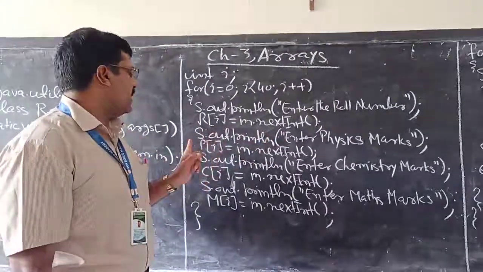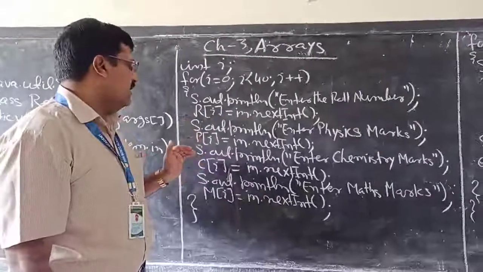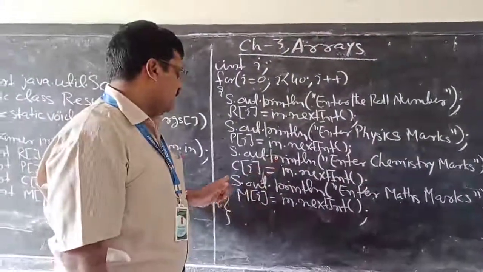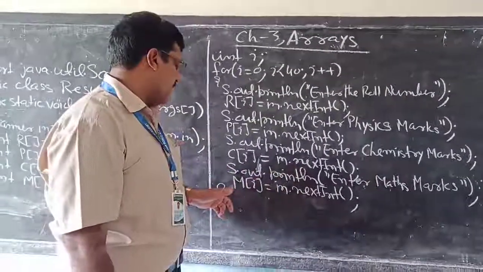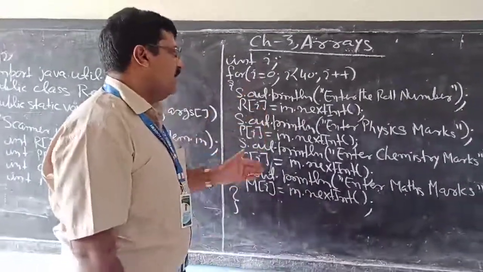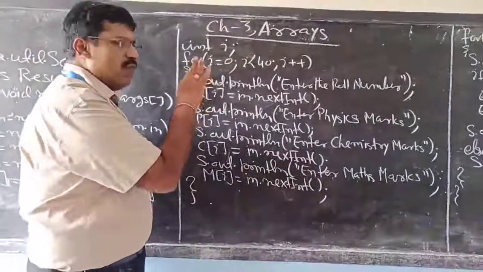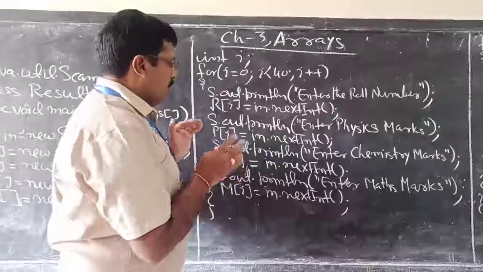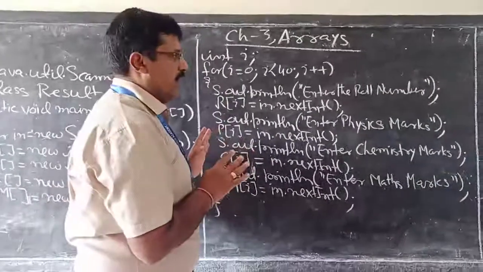Enter the physics marks, P[2]. Enter chemistry marks, C[2]. Enter maths marks, M[2]. Like this we have to input for how many students? 40 students. So the arrays are created. We have stored the values in all the 4 arrays.